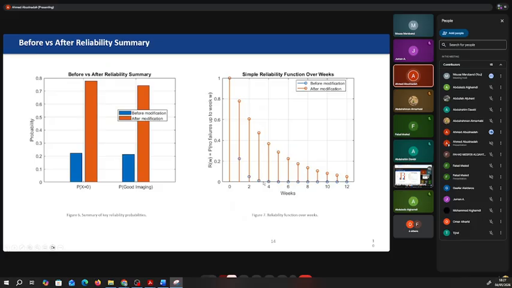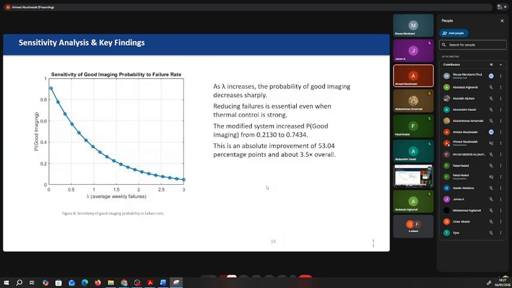Before modification, there is a lower probability of having 0 failures, which might cause frequent system breakdown during the week.